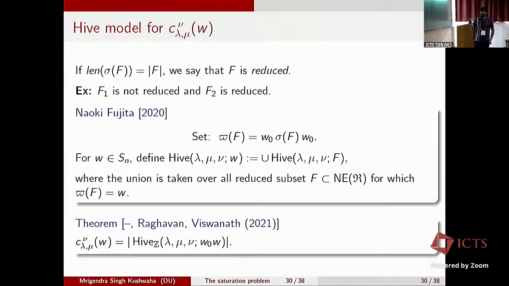And for a given permutation w in S_n, Hive(λ, μ, ν): w is equal to the union of Hive(λ, μ, ν): F, where the union is taken over all reduced faces F such that F is a subset of northeast rhombi and ω(F) is equal to w. Then we prove that the number of integral points in this Hive(λ, μ, ν): w0 w is equal to this refined tensor product multiplicity.